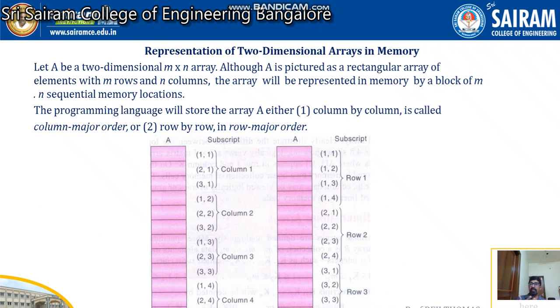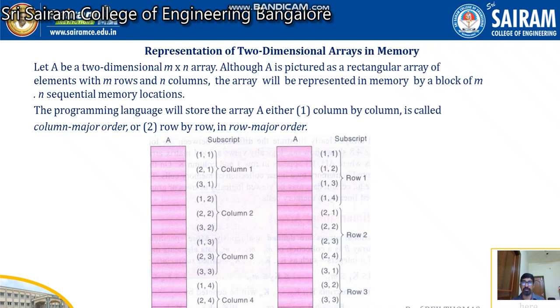So whichever way you write the matrix or two-dimensional array, even as 3 cross 4, all the elements will be stored in sequential memory locations. Please remember that. Even though pictorially we can see 3 rows and 4 columns, in your system it will never get stored in that format. It will be stored either in column major order or row major order.